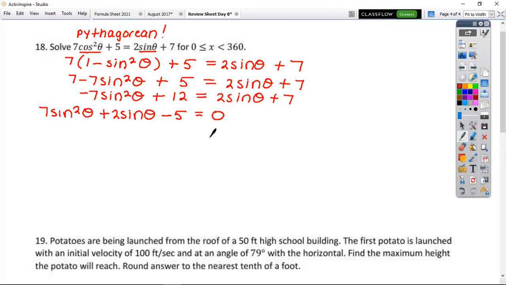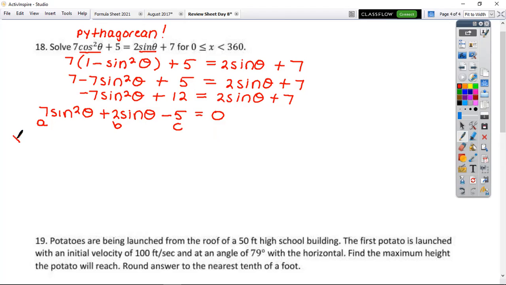All right, so at this point, it's kind of up to you. You can always check and see if this will follow AC factoring and work, and I believe it does. However, sometimes you want a strategy that works every single time, and that's quadratic formula. So what do you guys prefer here? Quadratic formula? Okay, I understand, because sometimes it's hard to do AC with these. So I have A, B, and C. And for a couple minutes, you're just going to ignore the fact that you're working with a trig function.